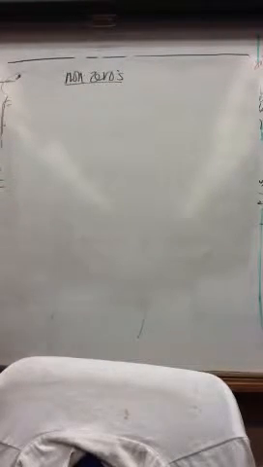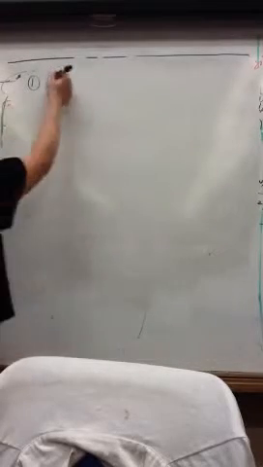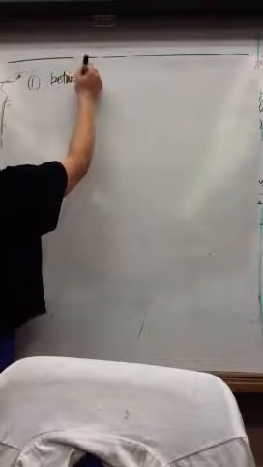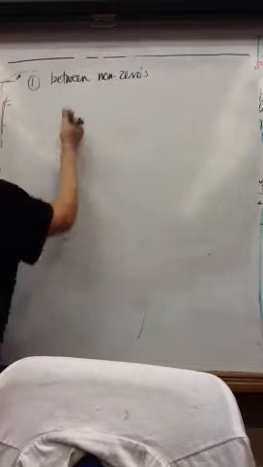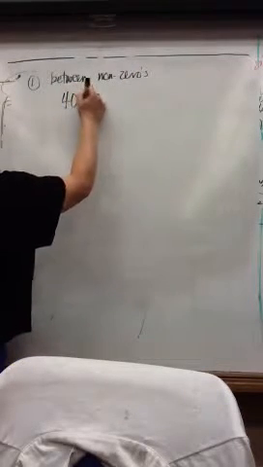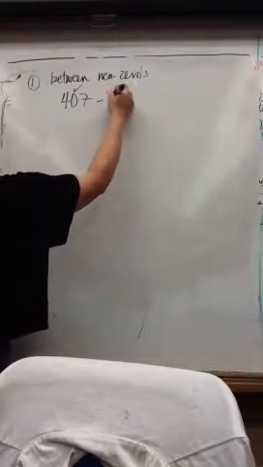Zeros have these weird rules. So, the first rule. If it's between 2 non-zero digits, it is significant. So, in 407, how many sig figs are there? 3, because this 0 is significant.